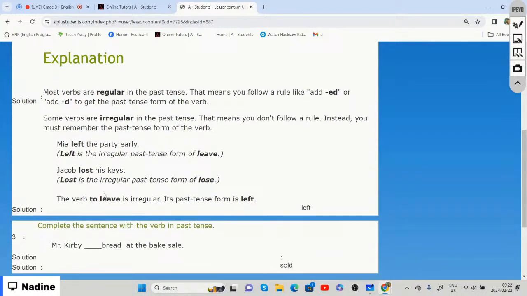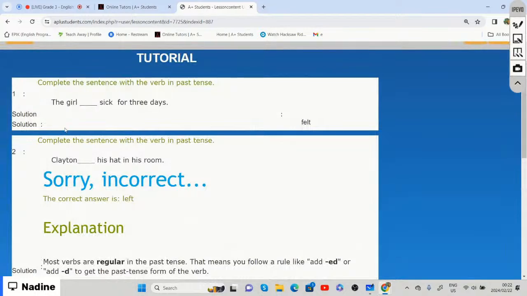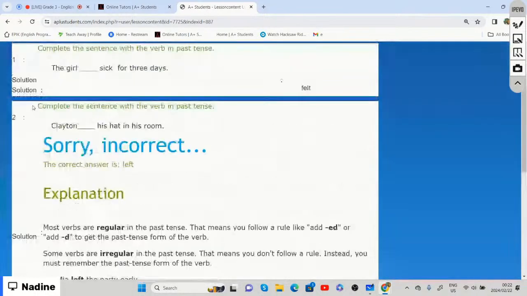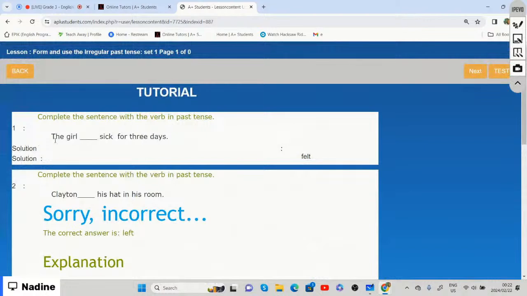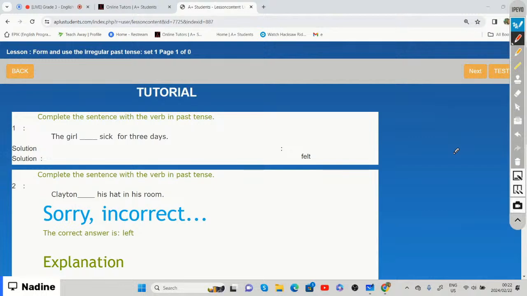All right. I made an example of lift and leave. Now if we look at over here, it says the girl sick for 3 days. Do we say the girl feels sick for 3 days, or do we say the girl felt sick for 3 days?